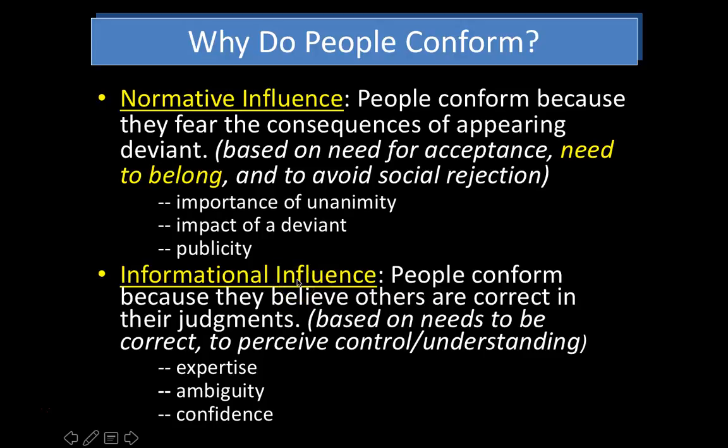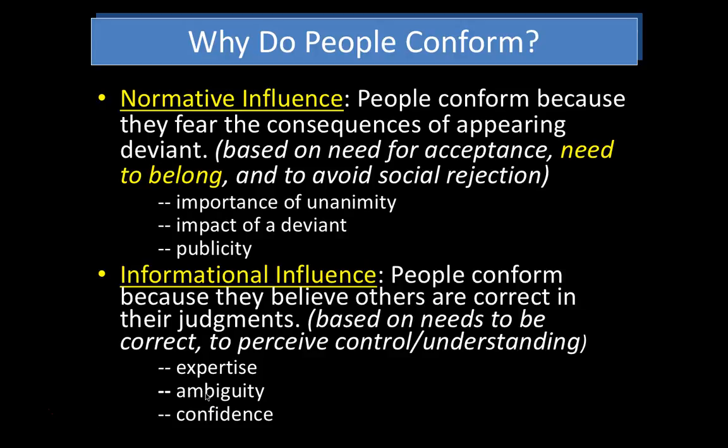So we need information, because we don't have it all and we want to be correct. We want to perceive that we control and understand things. So this has been studied in other kinds of conformity studies where you're able to manipulate the expertise of the group, the confidence of the actual subject, and the ambiguity of the stimuli.